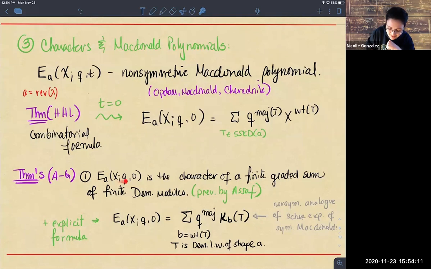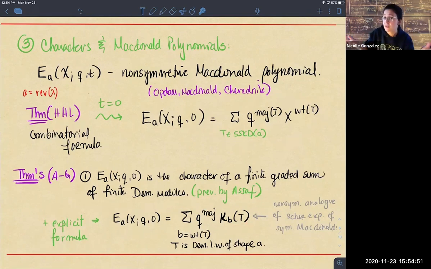Saying that this is the character of a finite graded sum of Demazure modules is equivalent to saying that E_a can be written as a positive sum of key polynomials, or a positive sum of Demazure characters. We not only know that it can be done, we know exactly how to do it, where these coefficients are exactly these major index statistics. This is reordering the sum given by Haglund, Haiman, and Loehr, but into pieces where we know exactly what the Demazure characters showing up are.